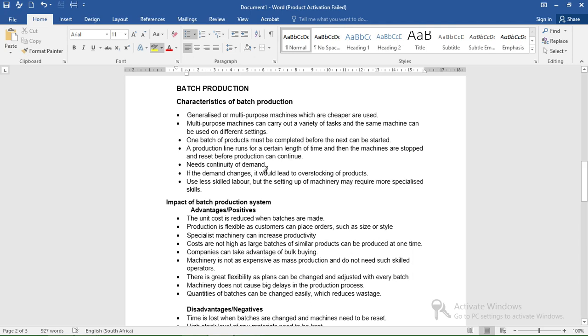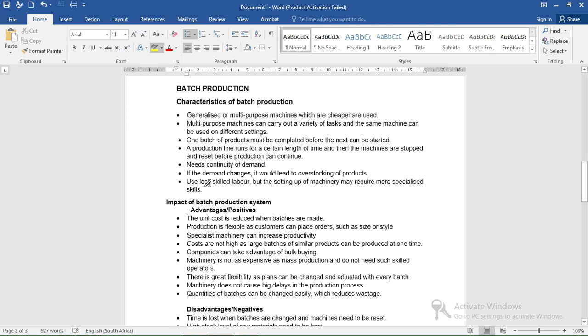So it needs continuity of demand. You cannot use batch production only for few items, right? If the demand changes, it could lead to overstocking of products. That's the major problem of batches, because they are produced in certain batches on certain numbers. Maybe we produce 50 quantities, and now if we have less demand, you're going to have overstocking, because you're going to have to keep a lot of stock in your business, right?